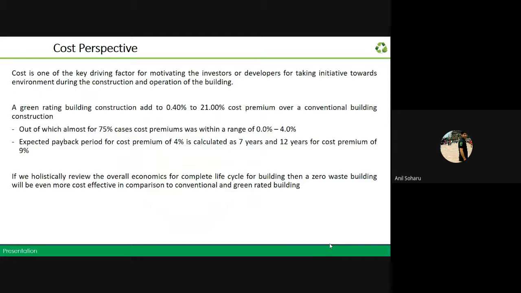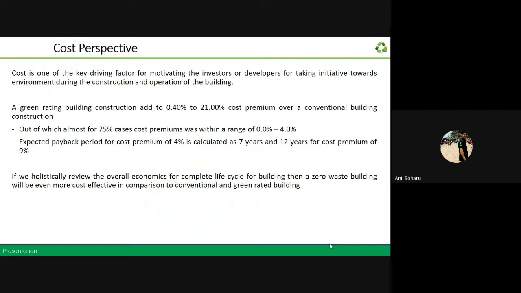Then we evaluated the cost perspective: if we go for the zero waste approach or green rating building system certification, what will be the impact on cost and the overall budget of the project. What we found is that in a conventional building, green rating certification contributes 0.4% to 21% cost premium over the conventional building.